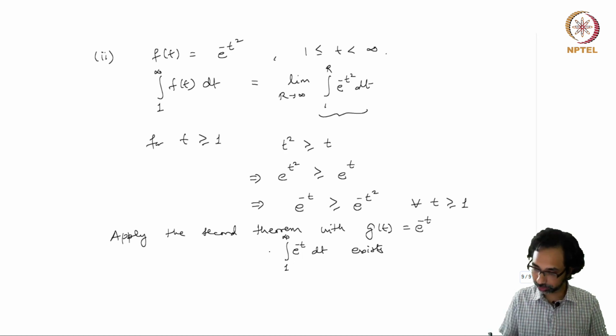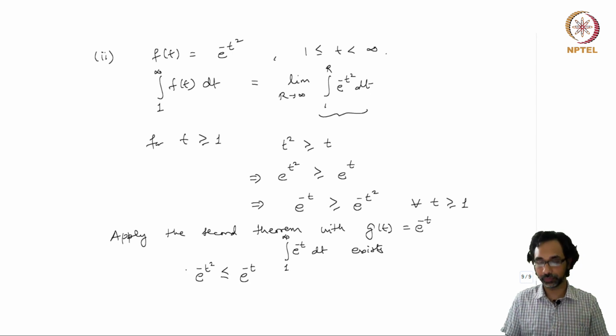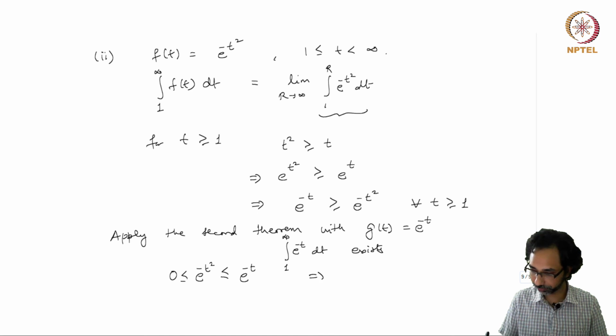And we have shown that e to the power minus t squared is less than or equal to e to the power minus t, and these are both positive. Therefore by the second theorem, the integral from 1 to infinity of e to the power minus t squared dt also exists.